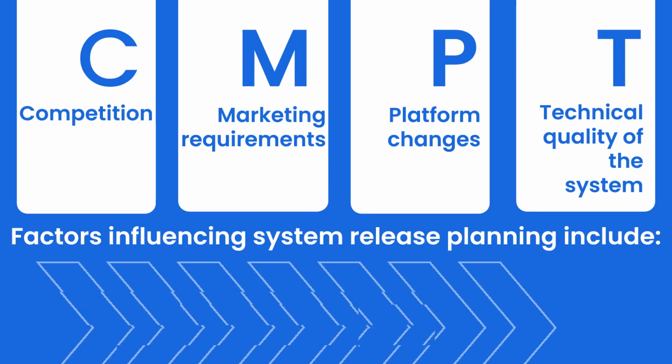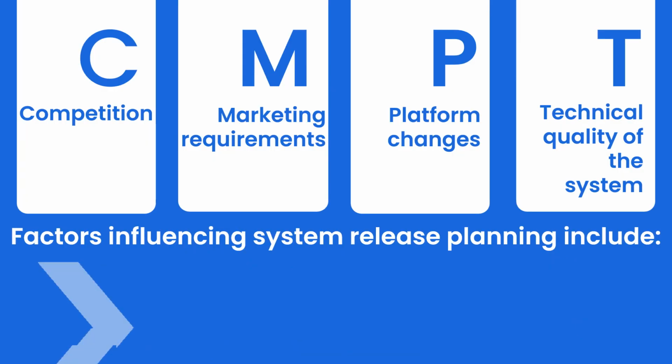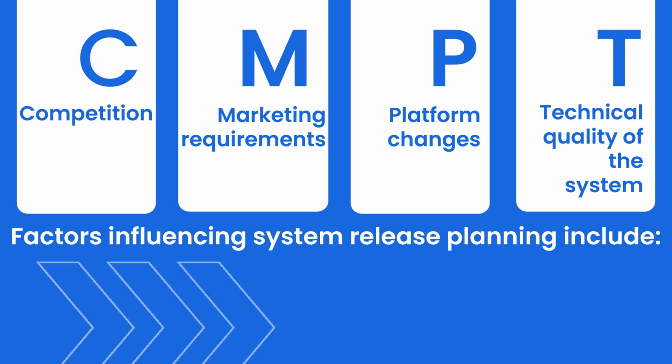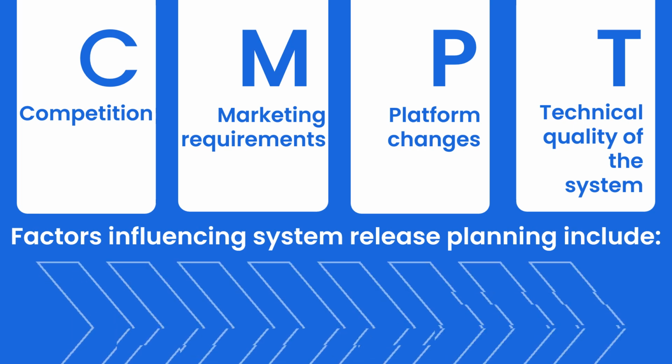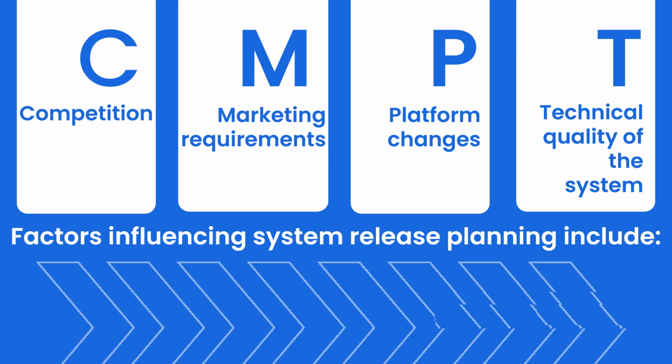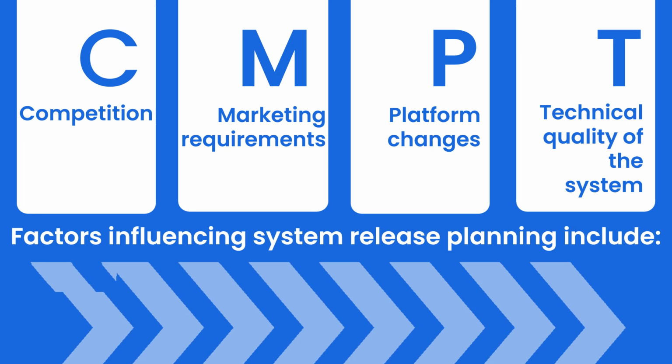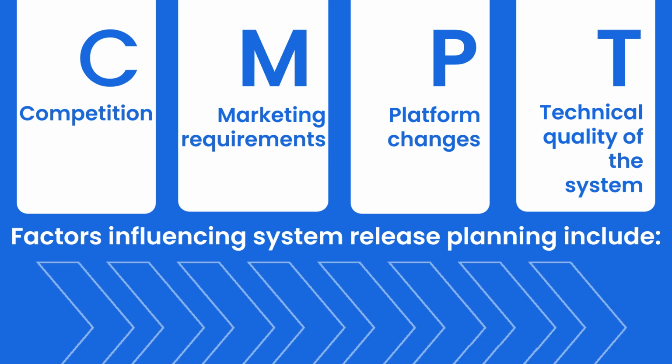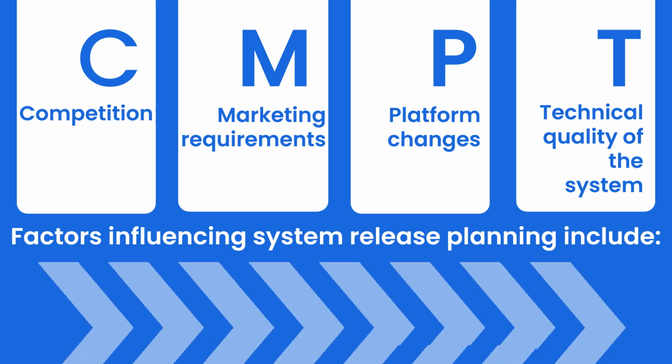Factors influencing system release planning include competition, marketing requirements, platform changes, and the technical quality of the system. Competition involves keeping up with new features from a competing product.